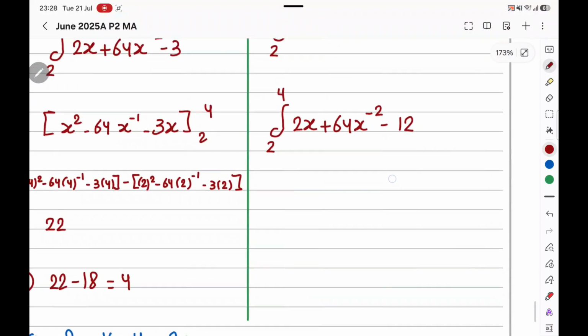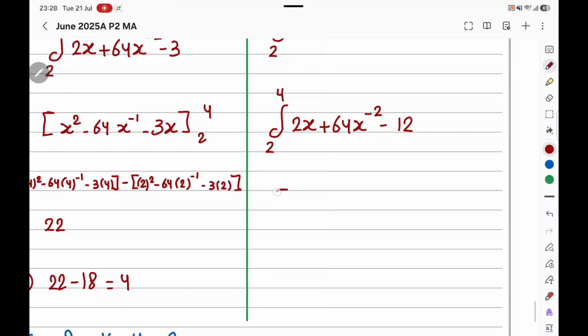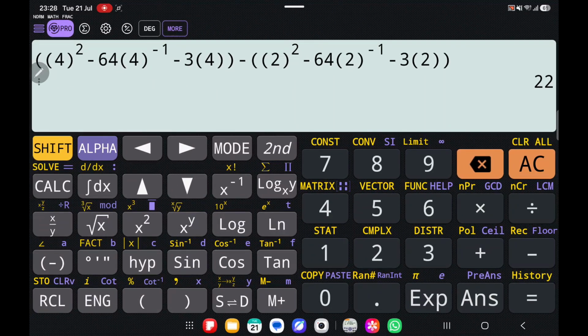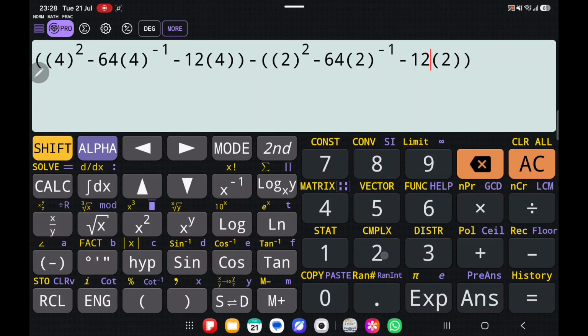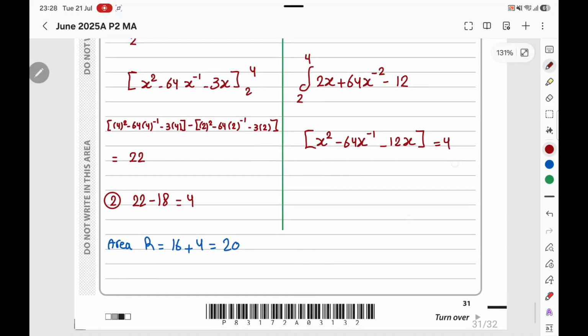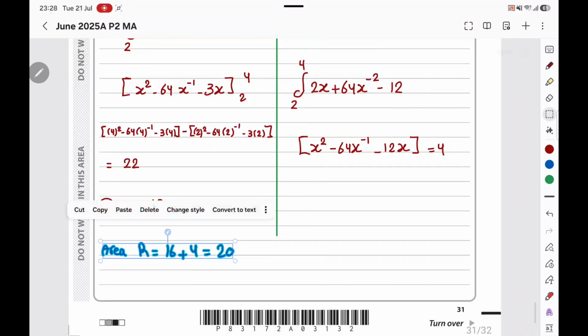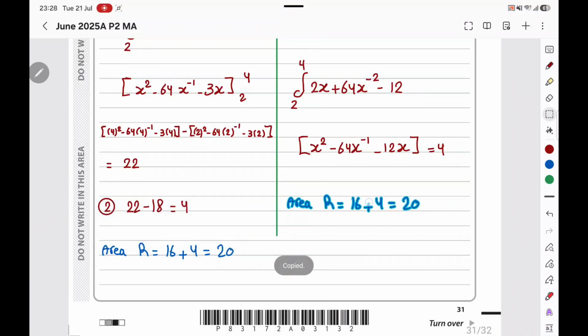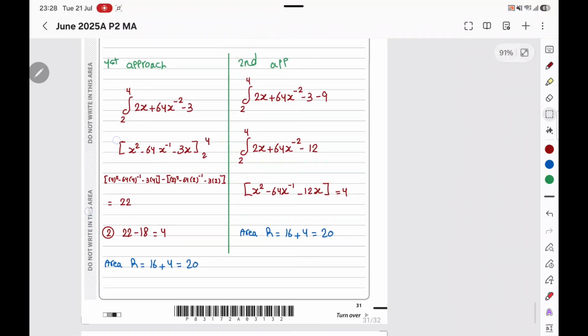Let's see. The integration will be x squared minus 64x to the power of negative 1, minus 12x. Plug in the calculator, and as you see, it is 4. It should give 4, definitely 4. And also the area of R will be 16 plus 4, which is area 1 plus area 2.